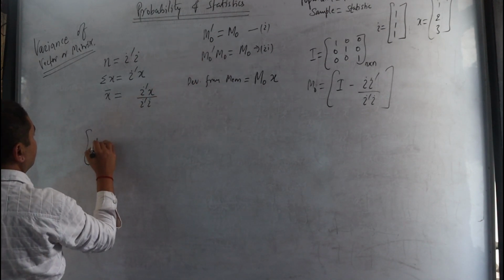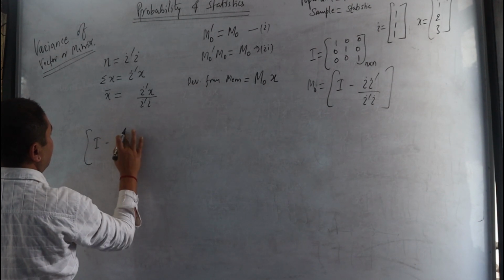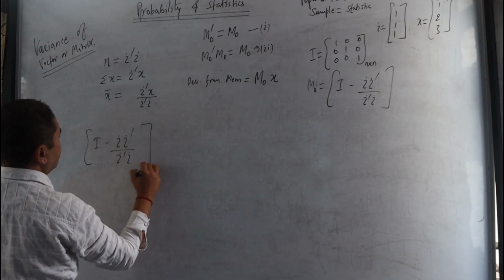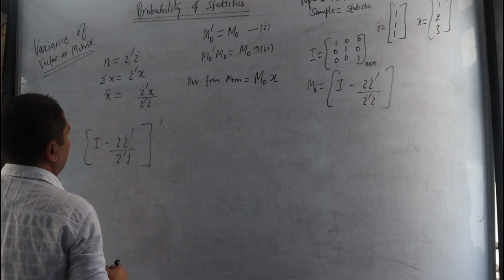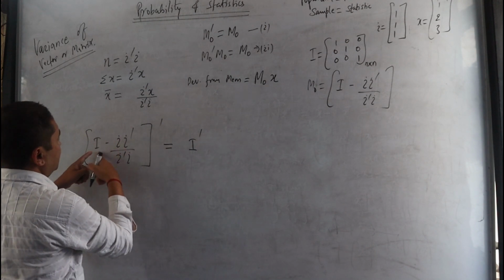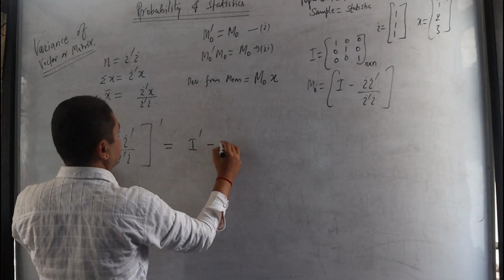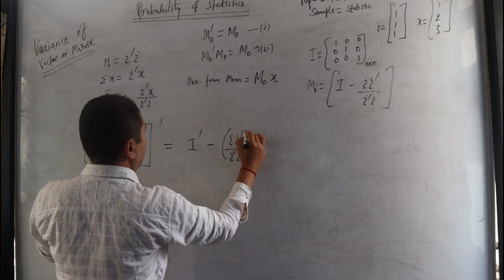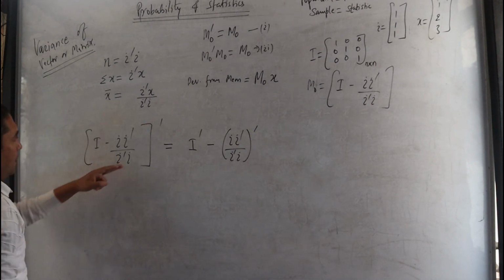Our M0 is equal to I minus I transpose I, and let us take its transpose. So this is equal to, we can operate on it individually, I transpose minus I transpose divided by I transpose I, and its transpose.